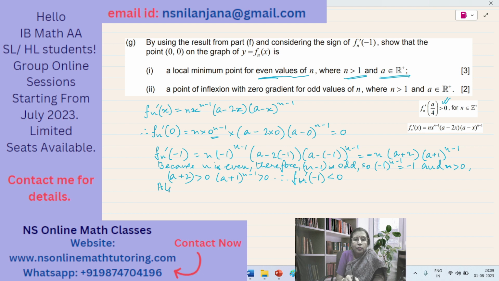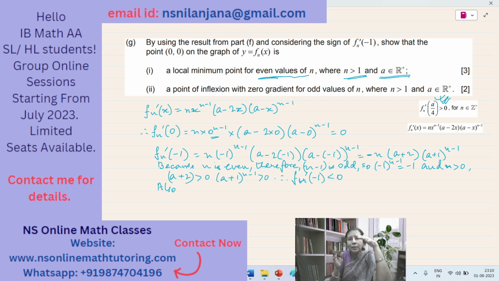Also, we are now using this. A over 4 is a positive number because a is a positive real number. So Fn dash of negative 1 is negative, Fn dash of 0 is equal to 0, and Fn dash of a over 4, a positive number, is positive.